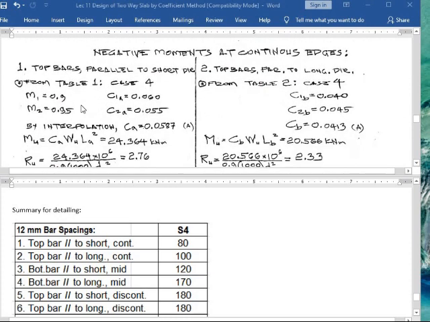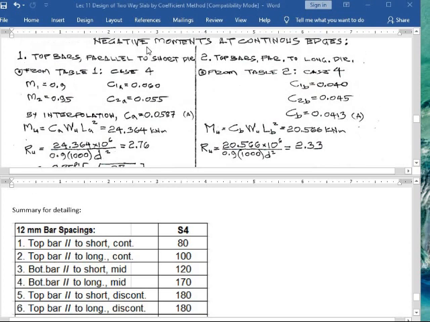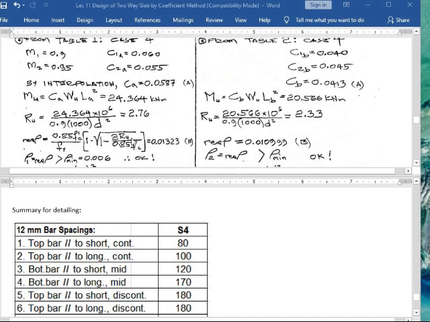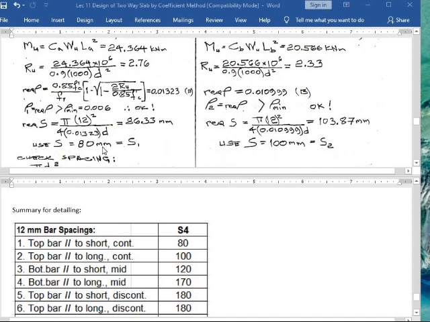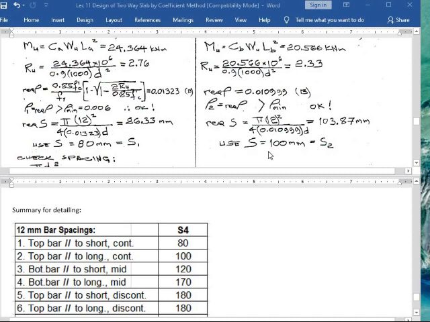Here, bar number 1 is the top bar parallel to the short direction at the continuous edge. Let's take S1, which is 80. Then number 2, top bar parallel to the long continuous edge, your S2 is 100.